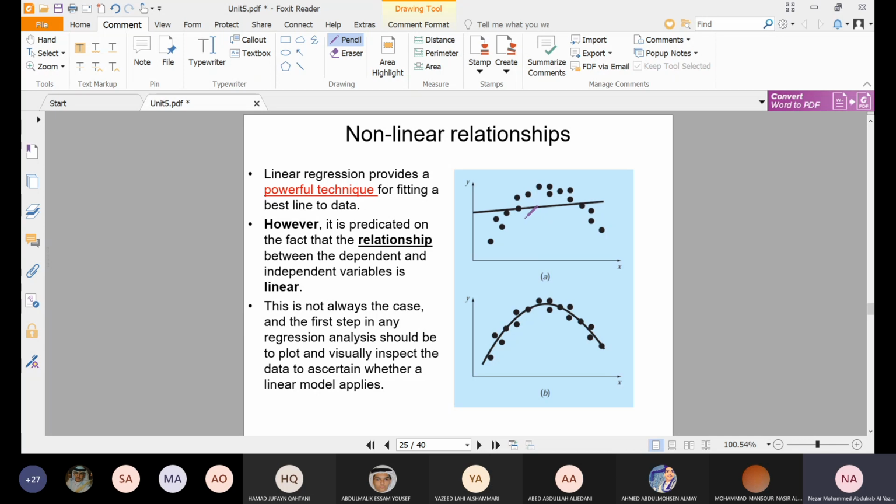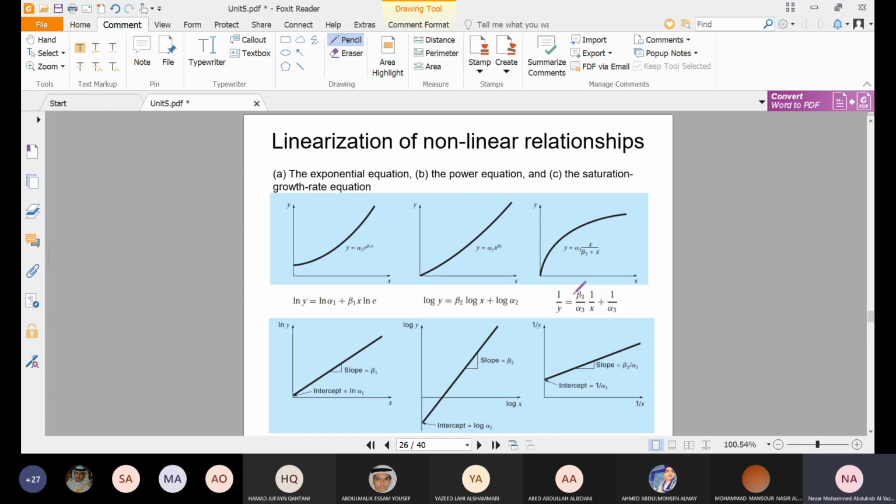In this case, the linear relation might not give us the best fit and will not explain the data in a good way. So we need to use a higher order polynomial to represent this data, instead of only the linear relation.